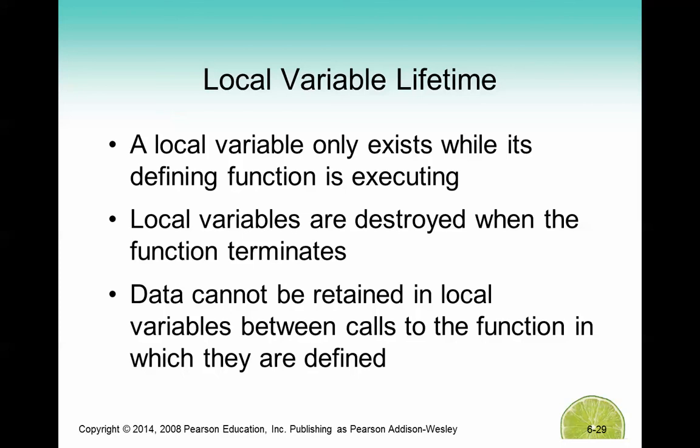We already talked about that. When it gets to the end curly brace, everything is wiped out. Local variables are destroyed when the function terminates. That's exactly the same thing. Data cannot be retained in local variables between calls to the function in which they are defined. That means if I call add again, it's like I'm starting all over again because everything was wiped out.